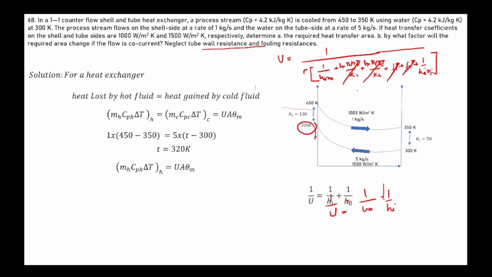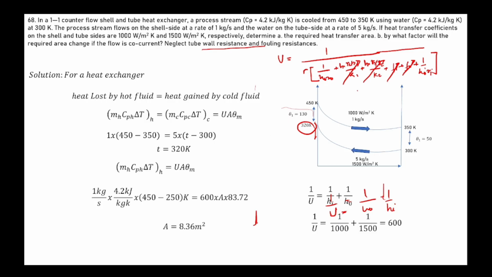Take any one of these, MH CPH delta T or MC CPC delta T, equal to UA theta. As I told you, 1 upon U is equal to 1 upon H plus 1 upon H. Now this is 600. Put the value. Area is equal to 8.669. It is your job to find it for the co-current case. In co-current, there is only a single difference: theta will change, because the diagram will be like this.